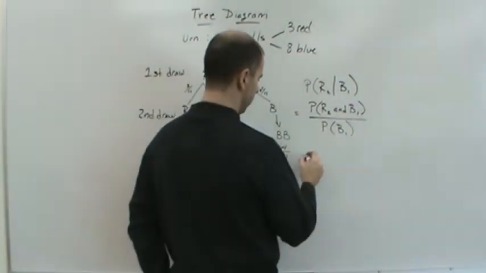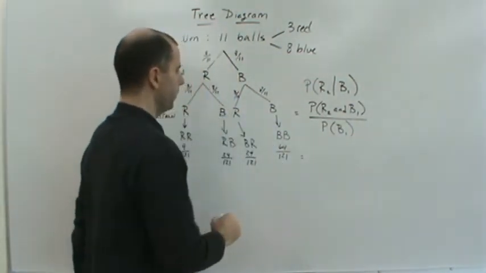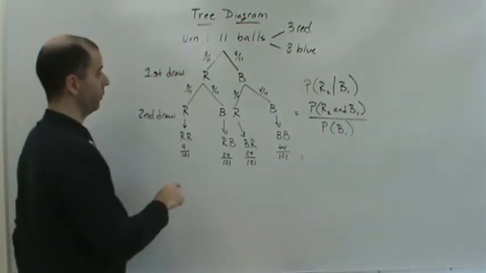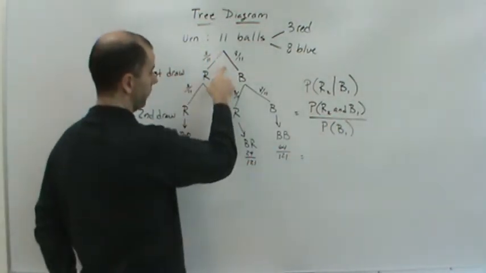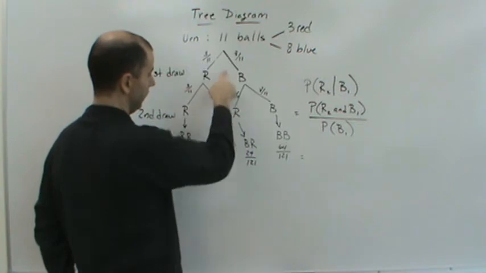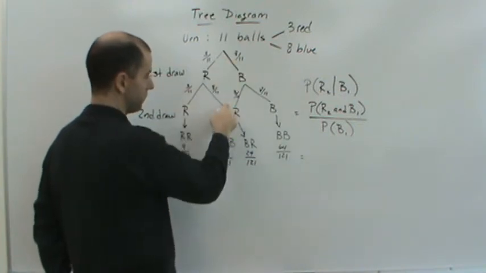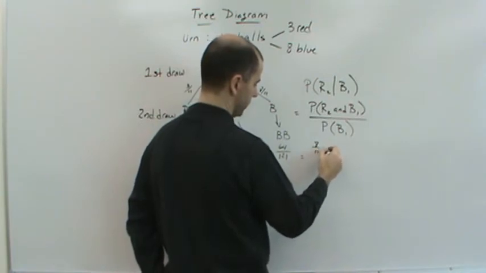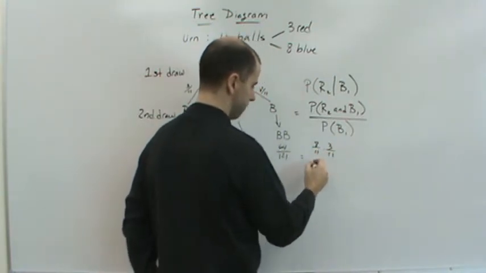So let's think about this. So what's the probability of getting blue on the first draw and red on the second draw? Well, we got that one. So it's going to be blue followed by red, right? So that's going to be here. It's going to be 8/11 times 3/11.